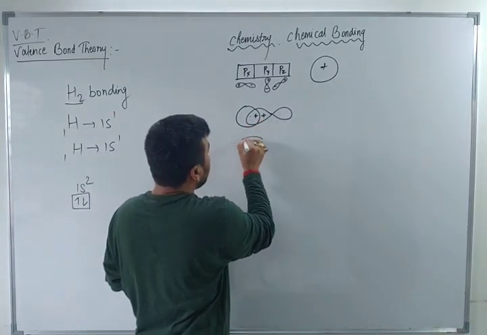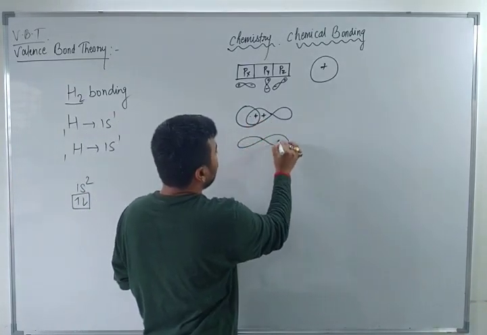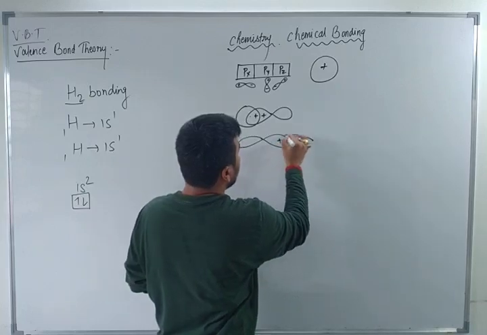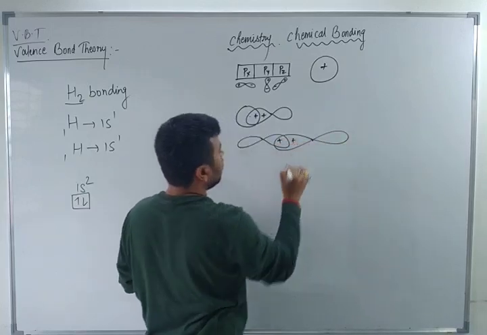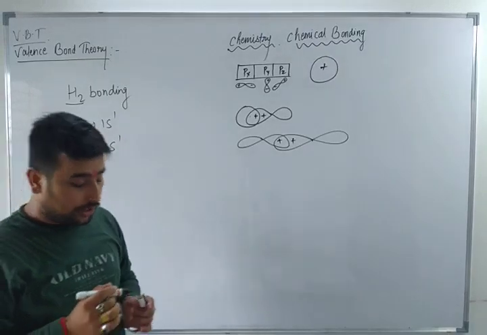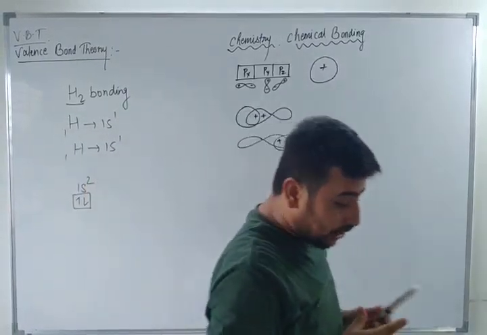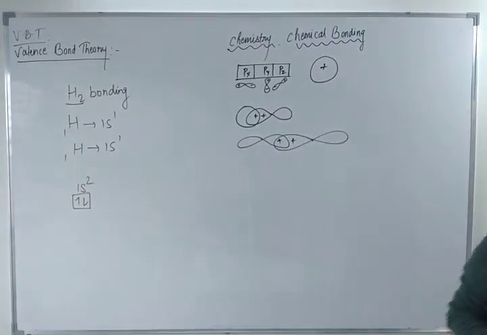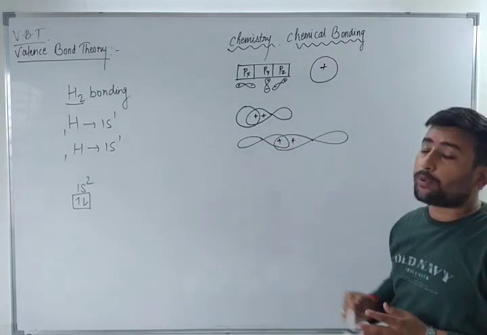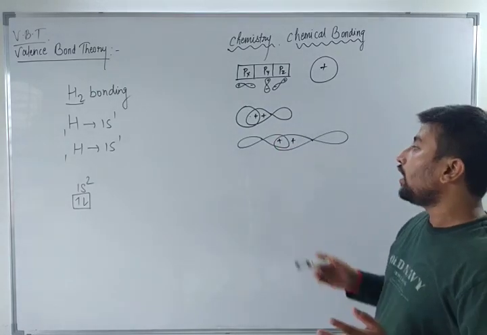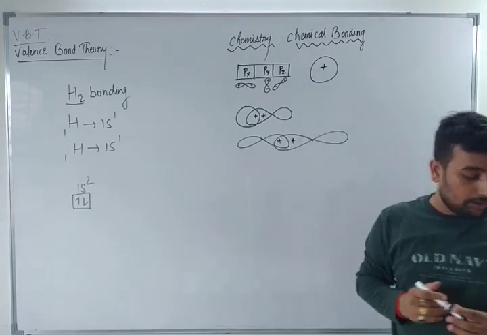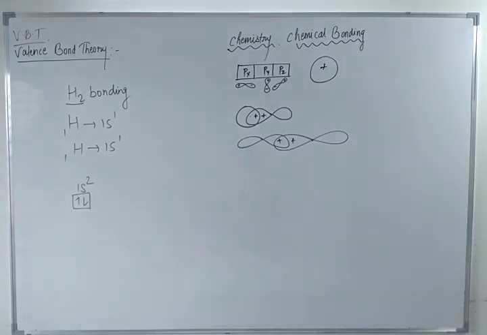Just suppose a Px is here, positive, and another Px is here, positive. Positive overlapping means that when the positive lobe approaches another positive lobe, there will be positive overlapping. It involves overlap of lobes of the same sign, and it leads to attractive interaction.